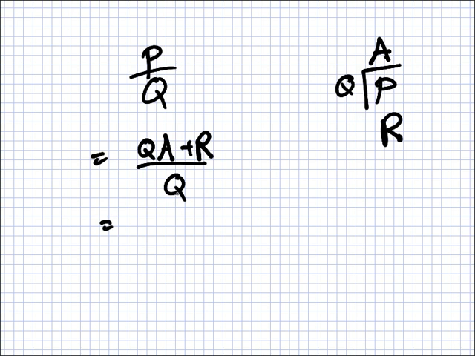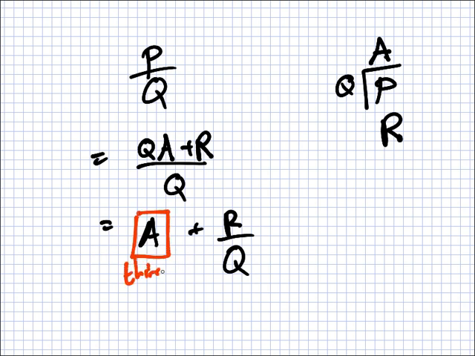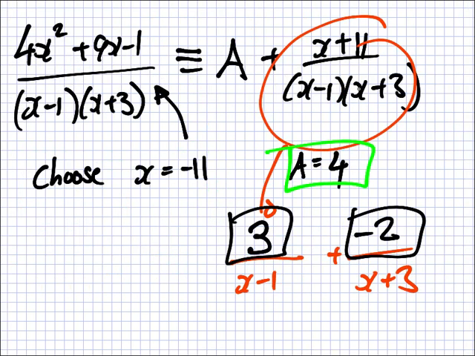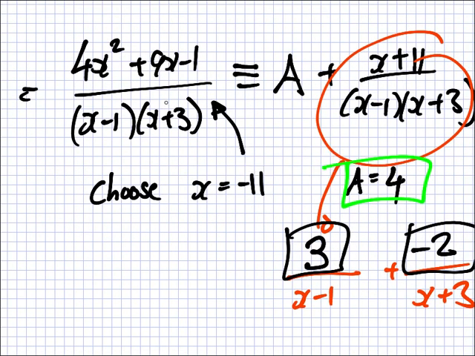So what's QA over Q? A plus R over Q. So after you carry out that process, you know that the number you get here is always what was on top of the long division. And the thing that goes here was the remainder. So if I go back to the question, it means if I long divide here, this was the remainder, and this here was what happened when you long divided. Now, because it's a quadratic over quadratic, there's only one division to do. Okay.